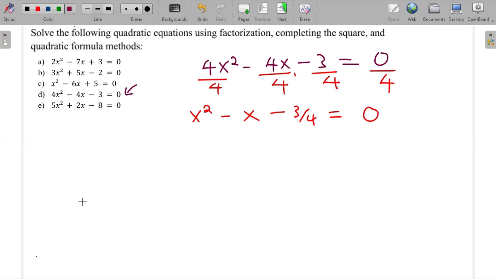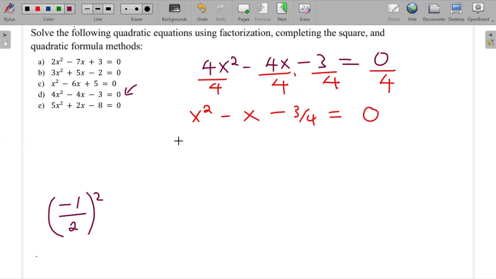So my equation has a coefficient of positive 1, and now I introduce the special 0. How do we introduce the special 0? We get the coefficient of x. In this case my coefficient of x is minus 1. You divide that minus 1 by 2, and then square it. Then you add this term to the equation and subtract it, to form a special 0.